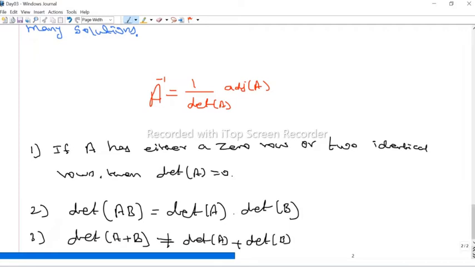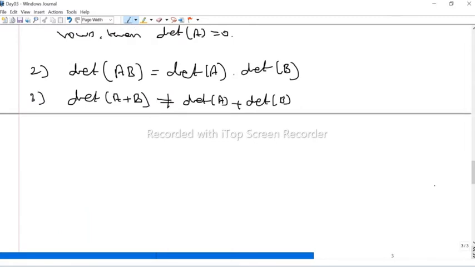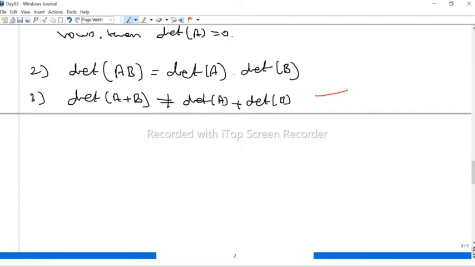Why? Because if we take a simple case, a 2 by 2 matrix, I'm writing here. Suppose the first row is 1 0, I'm taking A equal to this, and I'm taking B equal to 0 0 0 1, this matrix.